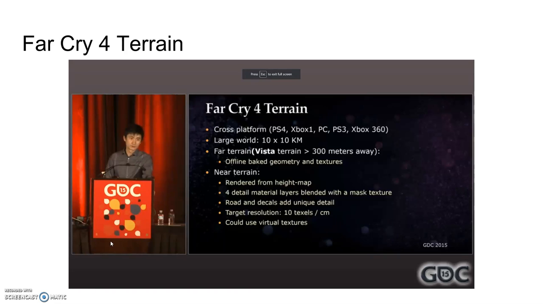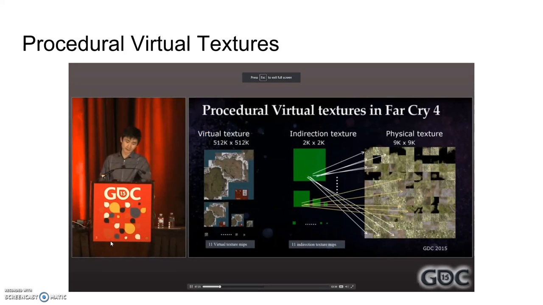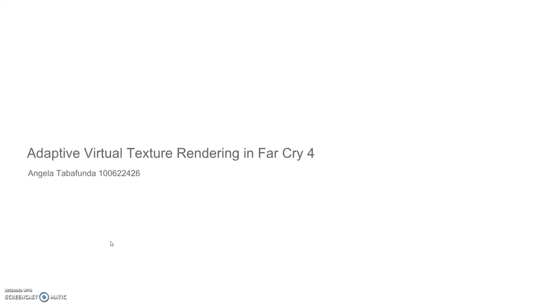Since they have a 10 by 10 kilometer world and an insane amount of details, this would be really expensive to do deferred. So to work around this, they would want to implement a procedural virtual texture to add their additional details onto their terrain. There are 3 steps on how to implement this procedural virtual texture.